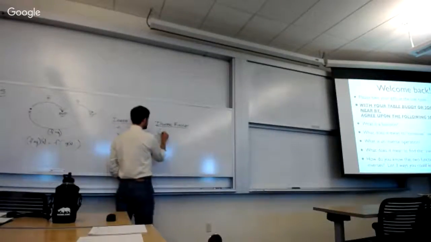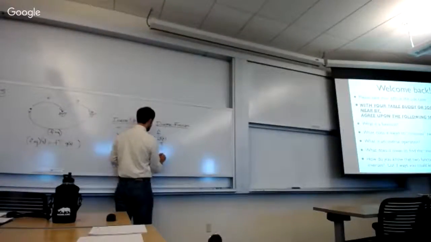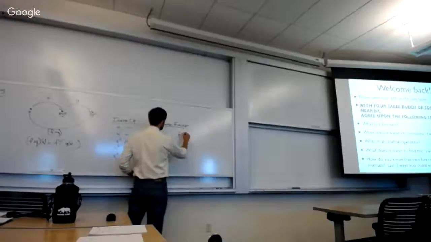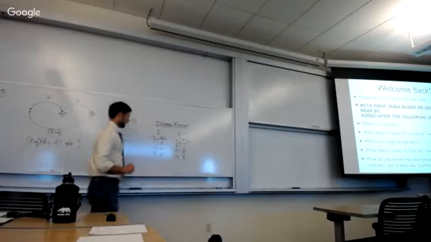So if I had some function f, and I had a table of values going 1, 2, 3, and it turned into 5, 10, 15, then my inverse function, f inverse, would take the input values 5, 10, 15, and create the output values 1, 2, 3. Okay?